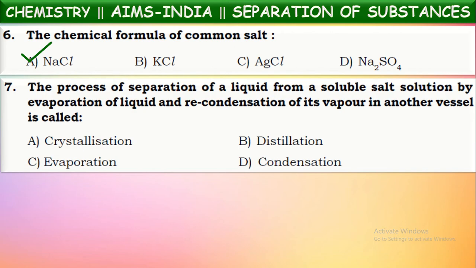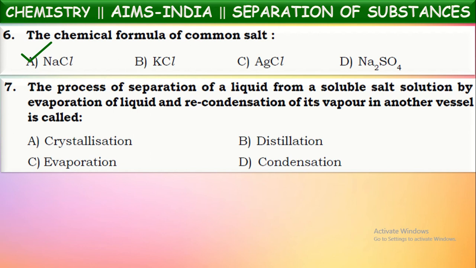Next question. The process of separation of a liquid from a soluble salt solution by the evaporation of the liquid and condensation of its vapor in another vessel is called what? So this is the separation of a liquid and a soluble solid substance in it. If it is an insoluble solid substance, then we can easily separate it by the process called filtration.